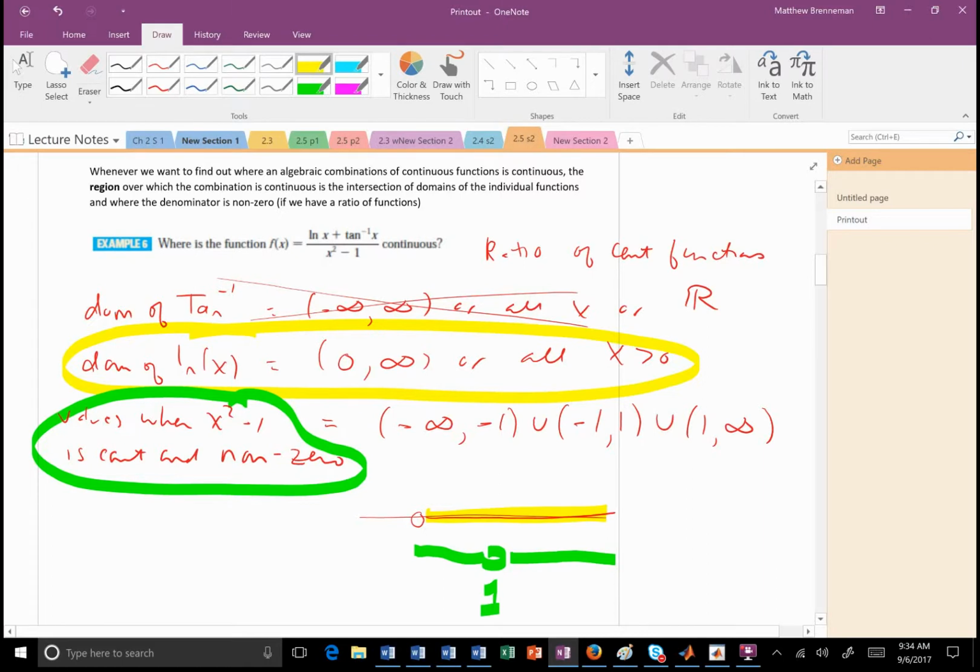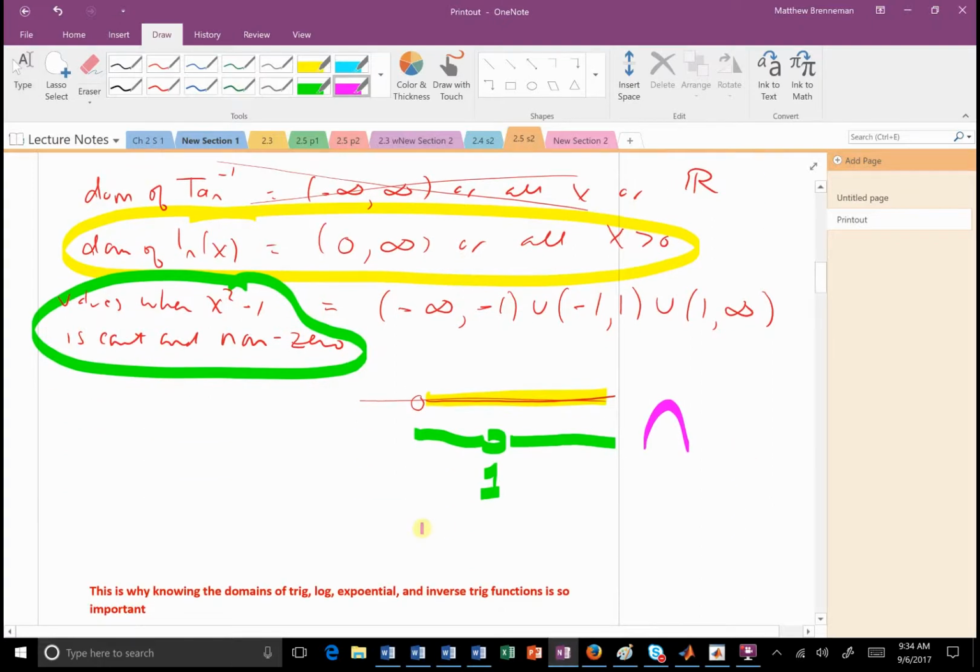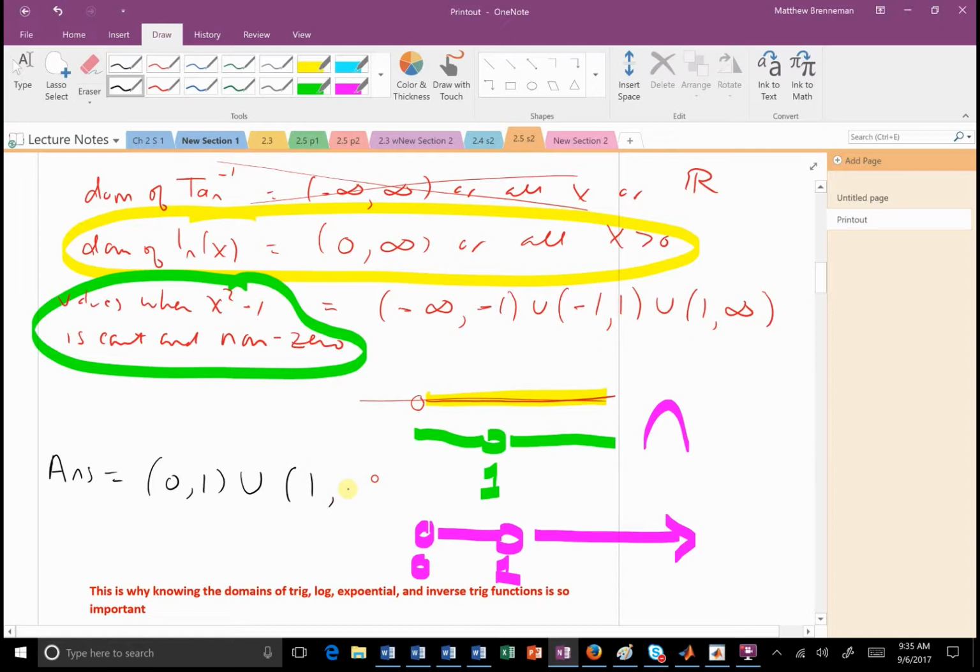Fine. So now I'm going to take the intersection. Okay, I'm going to use a little symbol for intersection. And what I'm going to get is this. This is 0, and this is 1. If I want to write that, the answer is going to be 0 to 1 union 1 to positive infinity.